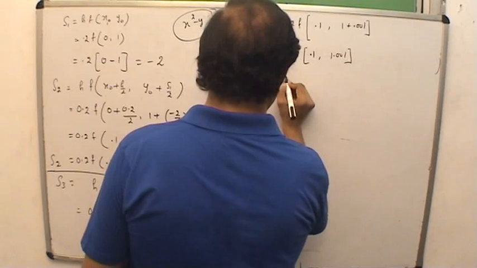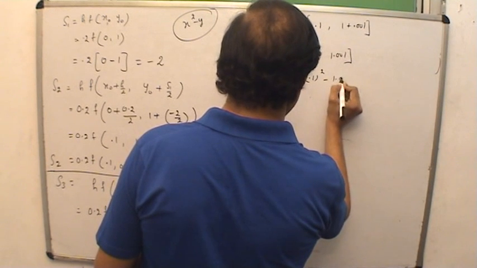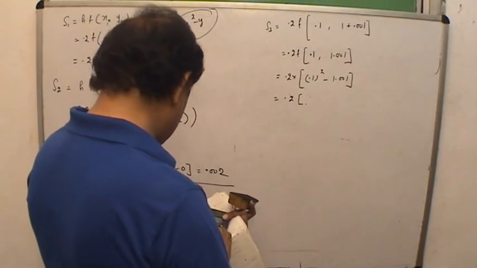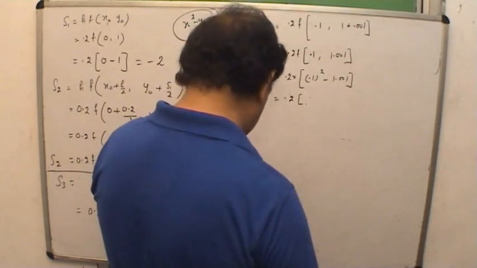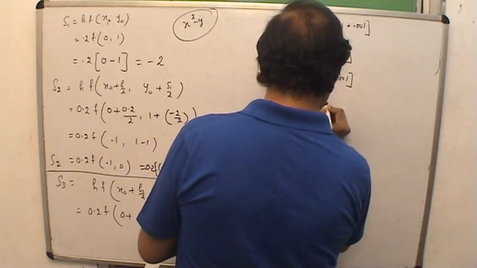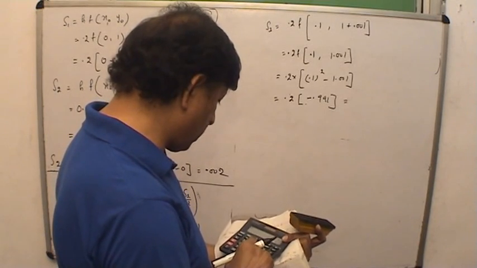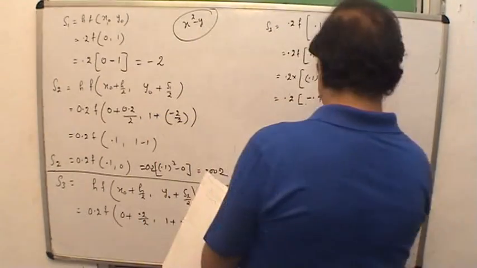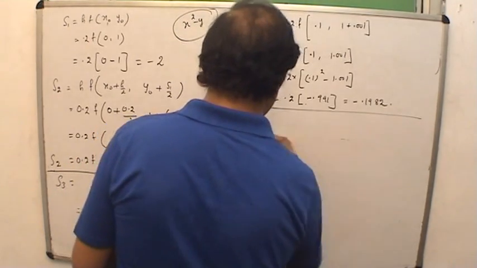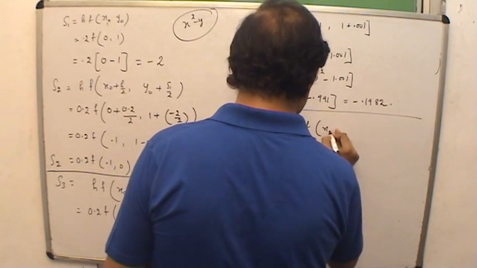Here we put these values: 0.2 into 0.1 squared minus 1.001, that is equal to 0.2 into minus 0.991, and that is equal to minus 0.1982. It is S3.